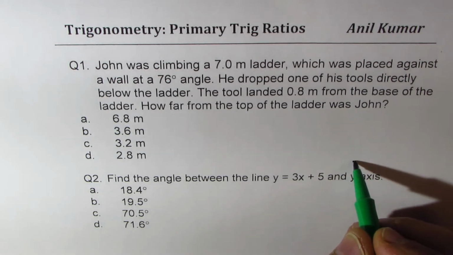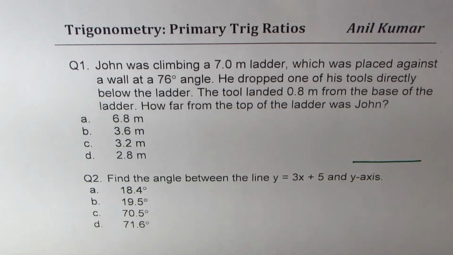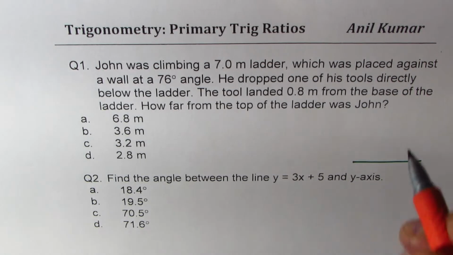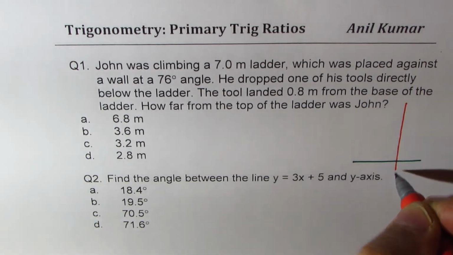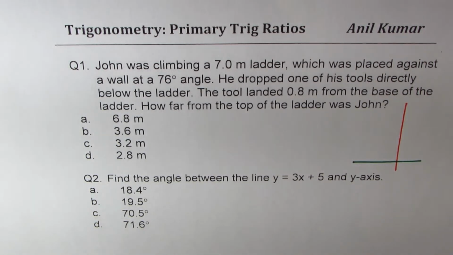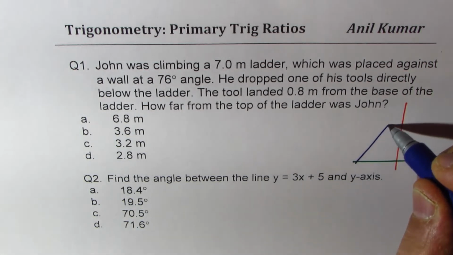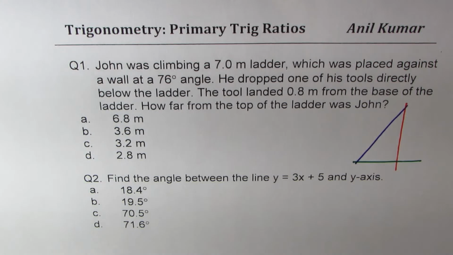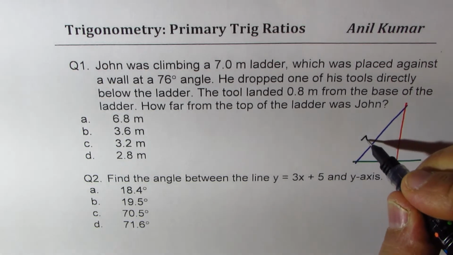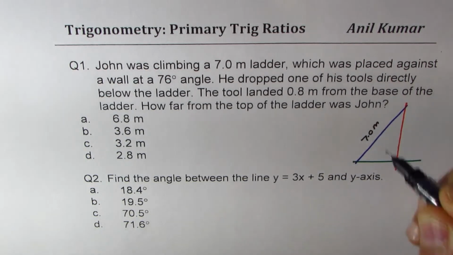So it's a ladder, a very popular question, but very important from a test point of view. What we are given here is that the ladder, which is 7 meters, is at an angle of 76 degrees. So that is the sketch for it, 7.0 meters.